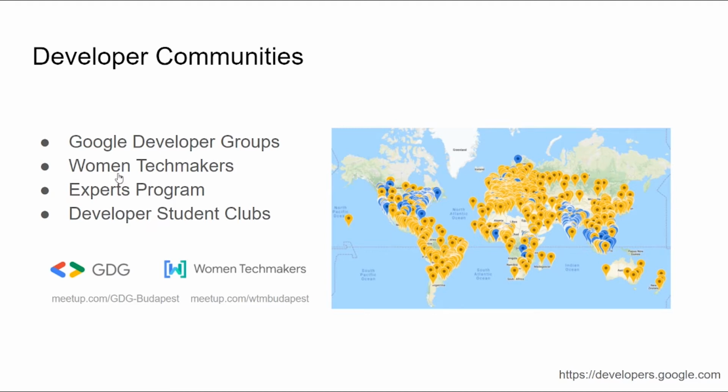There's another community we have just kicked off, the Women Techmakers community. Google Women Techmakers program provides visibility, community, and resources for women in technology. Since 2014, this program brings together thousands of women in technology through events and leadership programs.